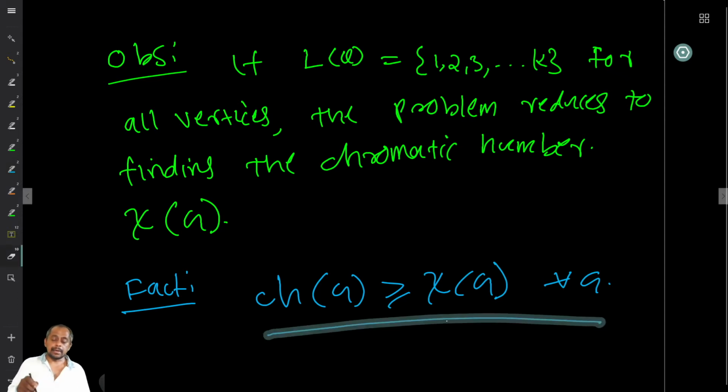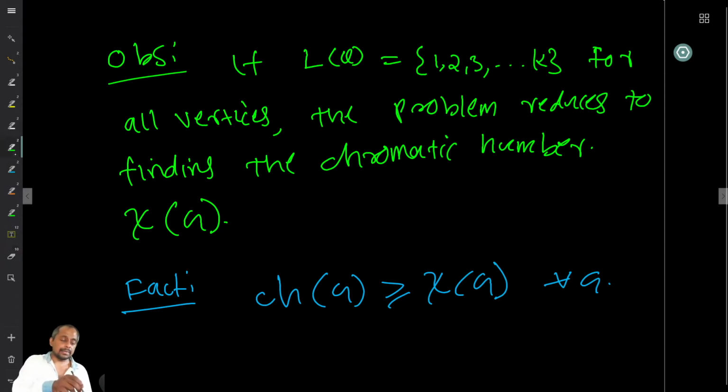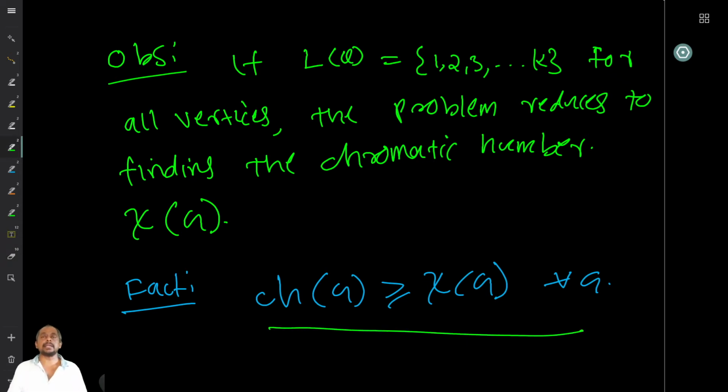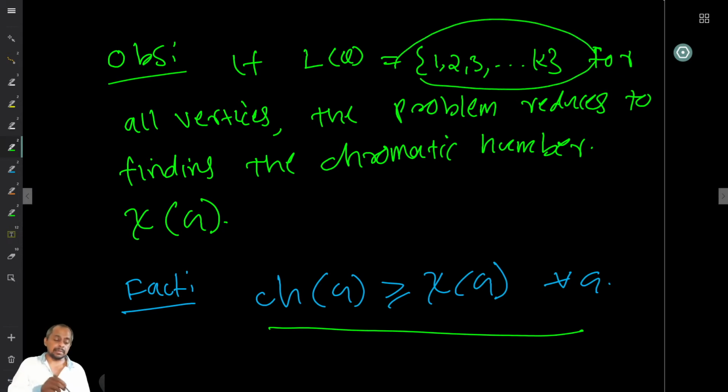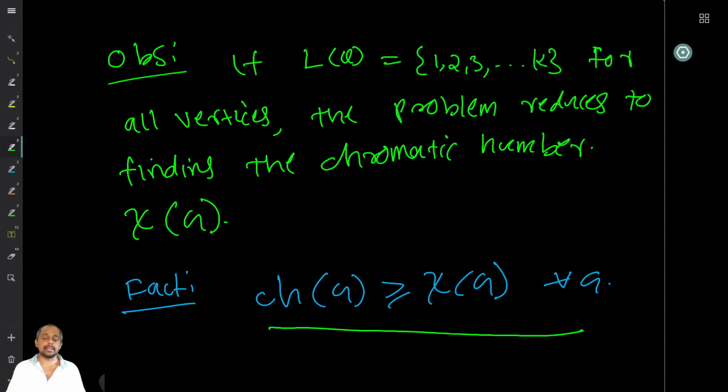Because I can always give all the lists to be the same, since I have the freedom to choose the lists. In that case I need at least the chromatic number of many colors. So that is necessary. Therefore, the choice number is greater than or equal to this, but it happens that it can be much larger than the chromatic number. So we will give you some examples for that.